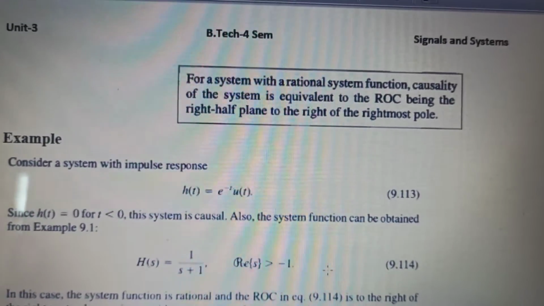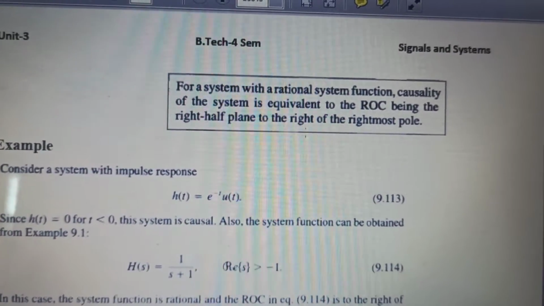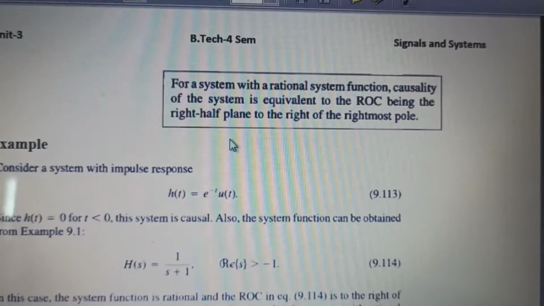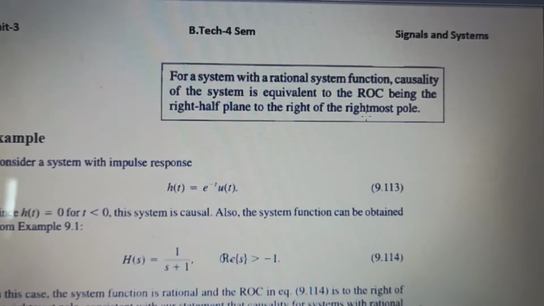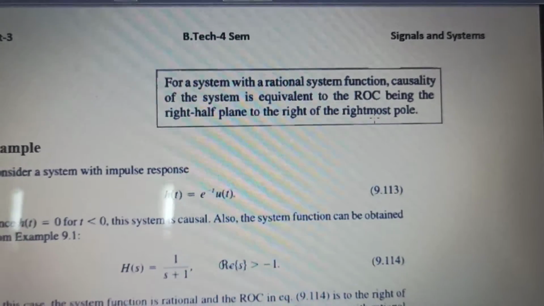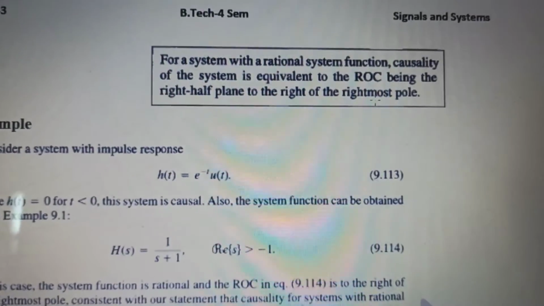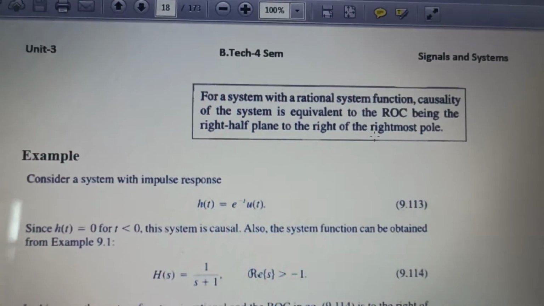For a system with a rational system function, causality of the system is equivalent to the ROC being the right half plane to the right of the rightmost pole. It means that the ROC should be to the right of the rightmost pole. Then the system will be a causal system.